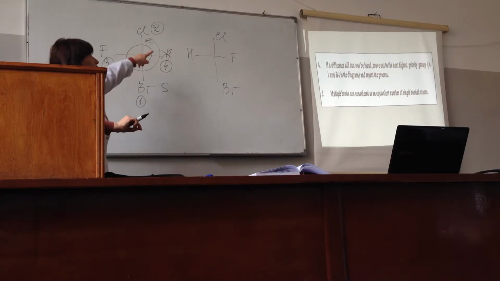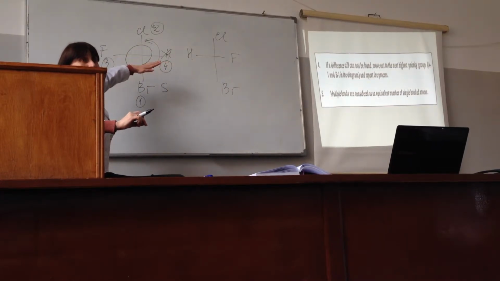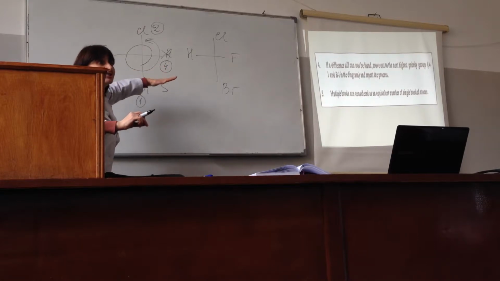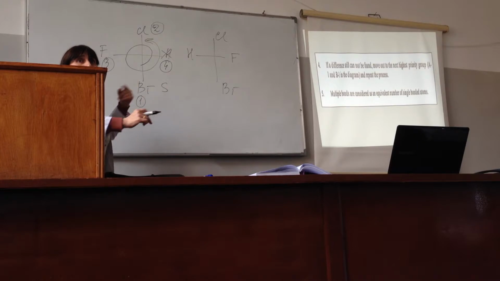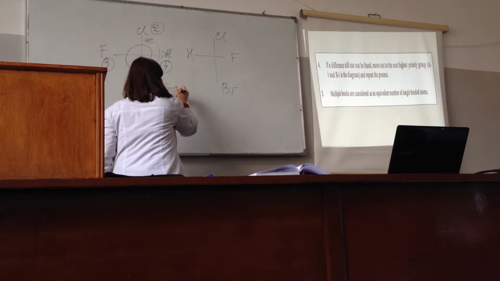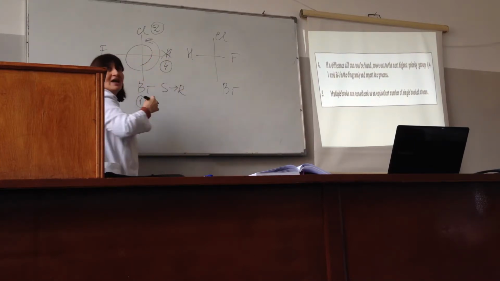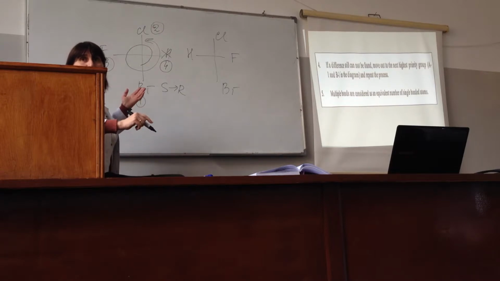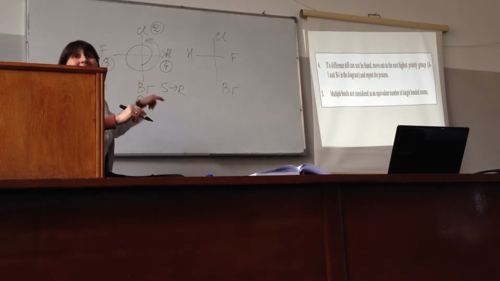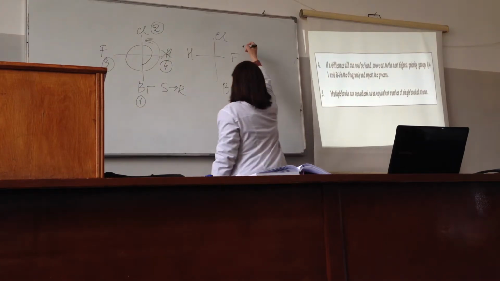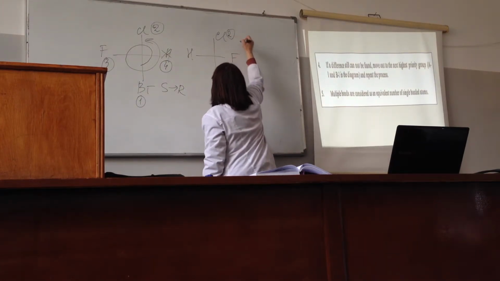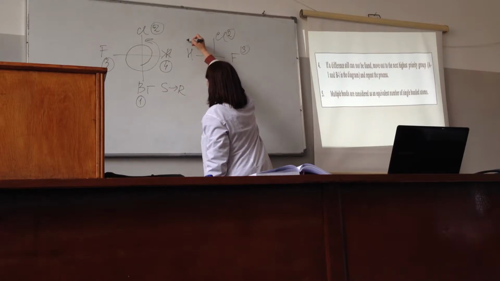Then look at your lowest group. If your lowest group is on the horizontal line, you have to change this absolute configuration to the opposite. So finally, in this case, you get the molecule's absolute configuration. Now once again here, this is number 1, this is number 2, number 3, and number 4.